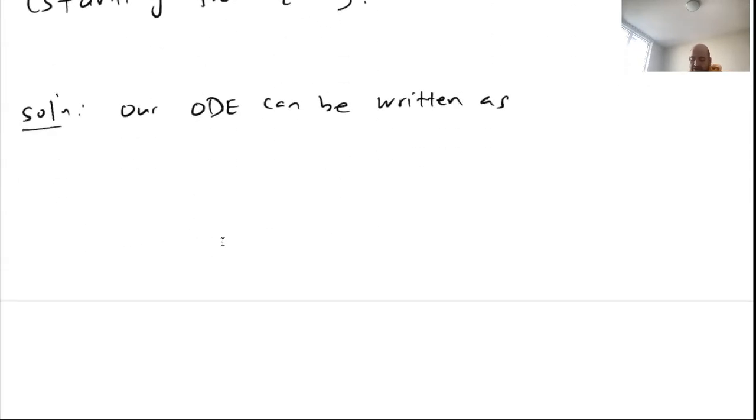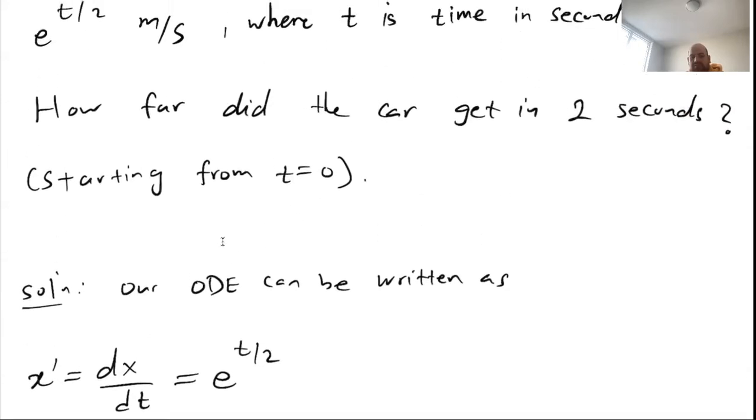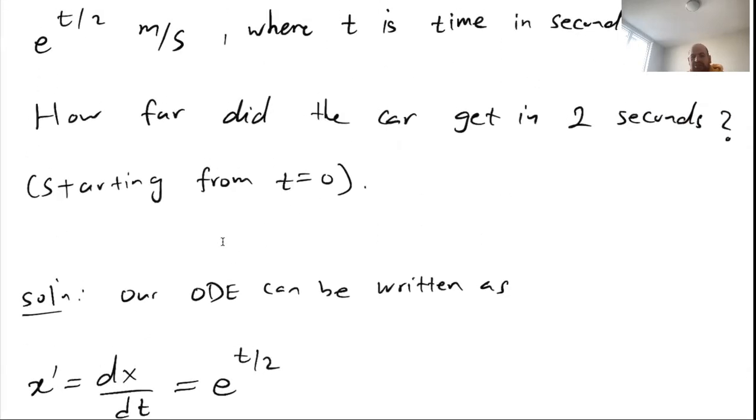So dx/dt, x prime, equals e to the power t over 2. Please remember that rate of change is the same as derivative. And in the case of a position function, rate of change of position means speed, which means derivative.